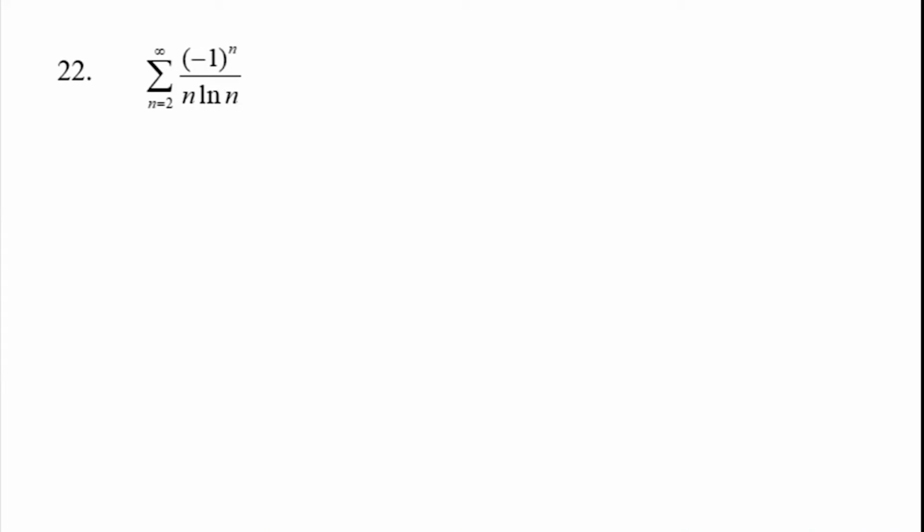Let's try the ratio test again. Limit as n approaches infinity. And then you put 1 over n ln n. So here you put 1 over n plus 1, ln n plus 1, like that.